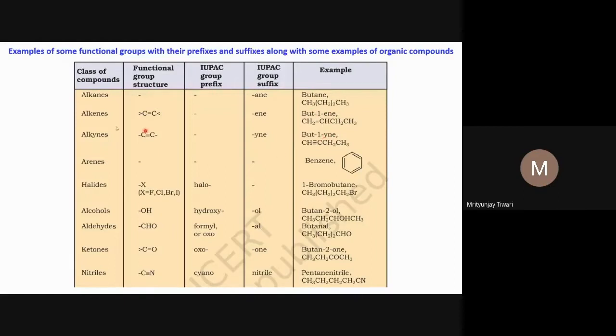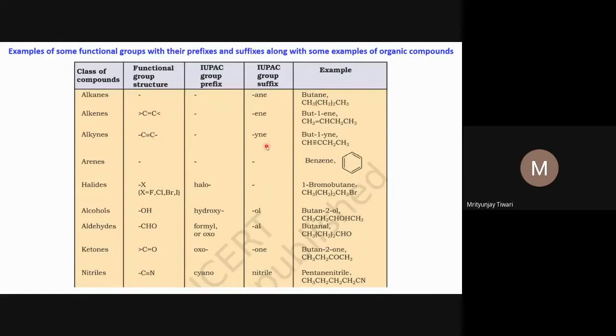And in the case of alkynes, we have also seen an example of IUPAC nomenclature. The suffix we write is ene for alkenes and ane for alkanes, with the numerical prefix, then the suffix ane. So ane is for saturated hydrocarbons and ene for hydrocarbons containing a double bond. And yne is the suffix for hydrocarbons containing a triple bond.